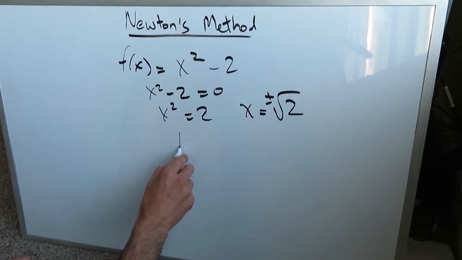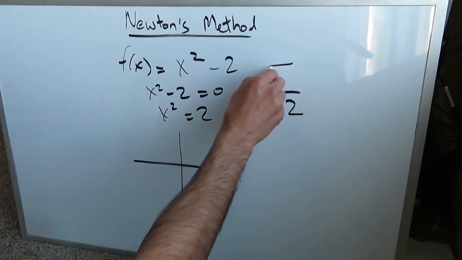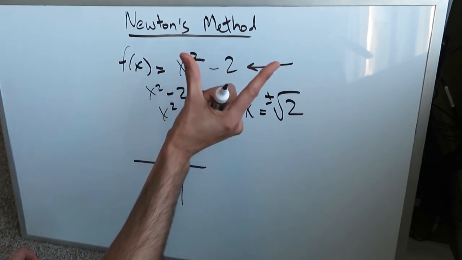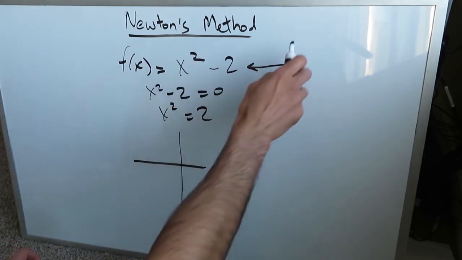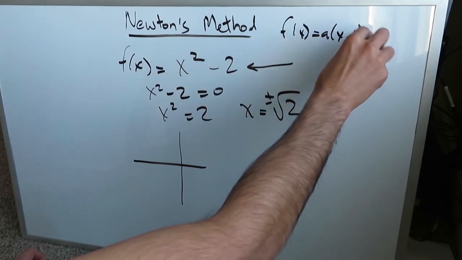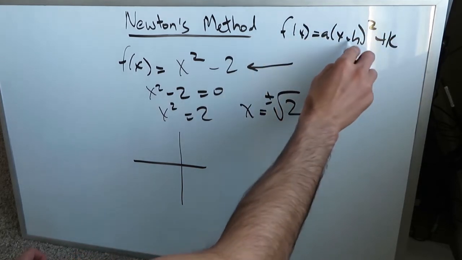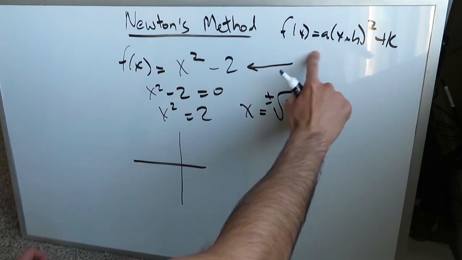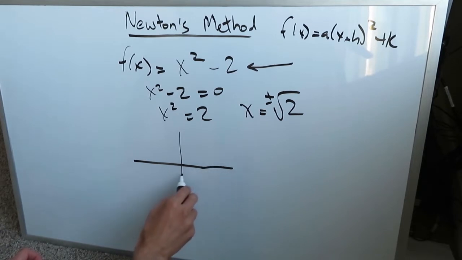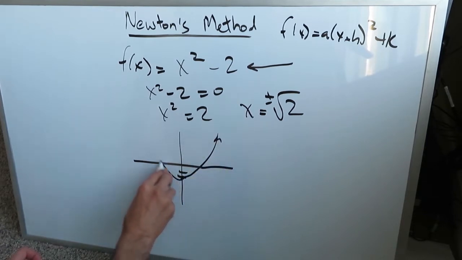Graphically, if you're looking at this graph over here, we're looking at a parabola, x squared, an open parabola which points upwards, minus 2, shifted down. Think back to this equation right here, a times (x minus h) squared plus k. Lateral, horizontal shifting right or left, and up and down shifting, but we have x squared minus 2. If you graph this out, your vertex is at (0, minus 2) pointing upwards.